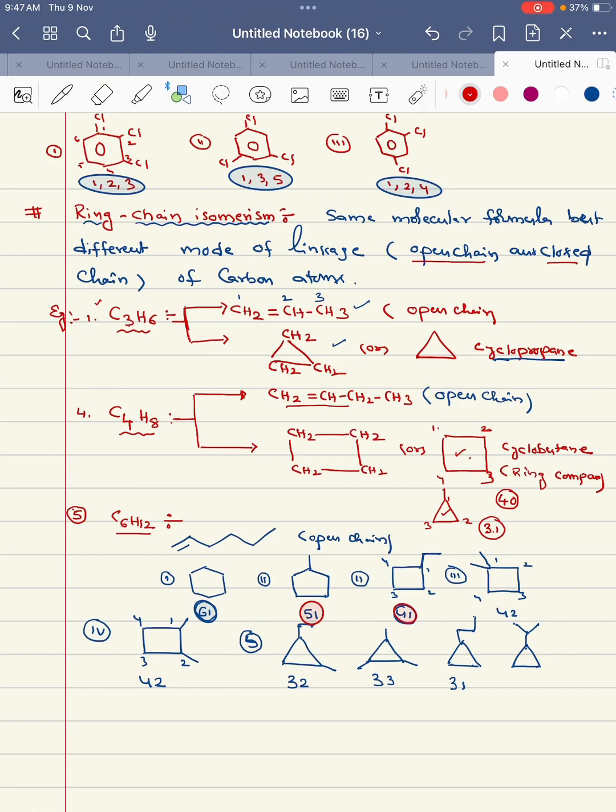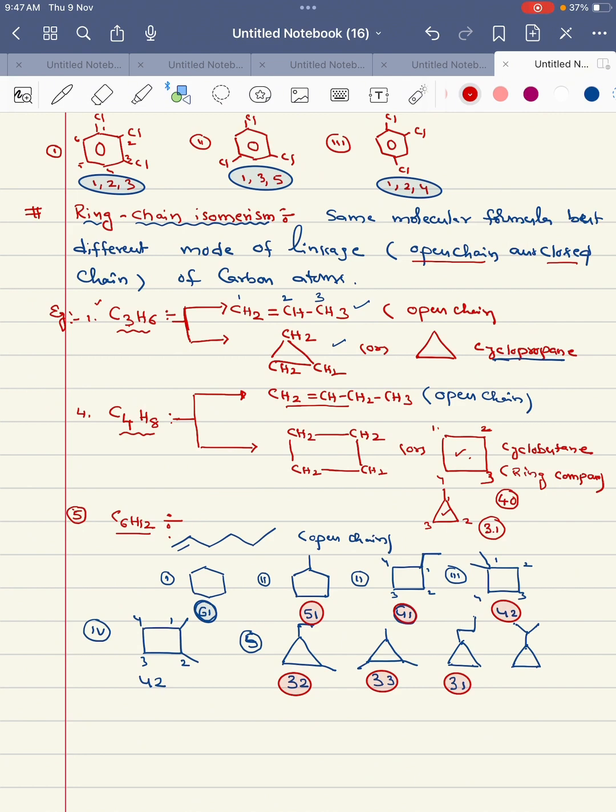Now see, 4, 1 is there. So 5, 1 and 4, 1: both skeleton numbers are different. Hence it is called chain isomers. Now 4, 2 also has a different skeleton number, so then it is called chain isomers. In this way, see all these compounds: 1-hexene is a ring chain isomer with all these compounds.